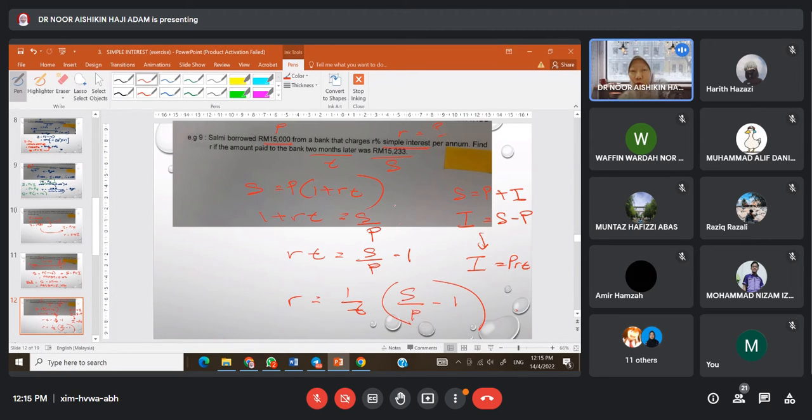Now, the amount borrowed was 15,000 and the amount paid was 15,233. Sebenarnya tak perlu kira pun kita dah nampak I equals to 233 ringgit. Betul? Yes. Cuba kira balik.